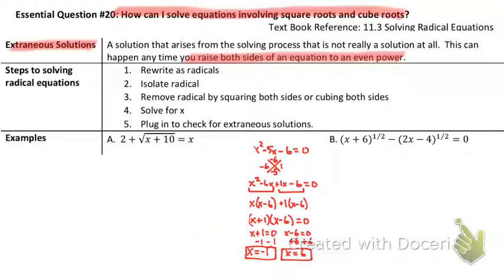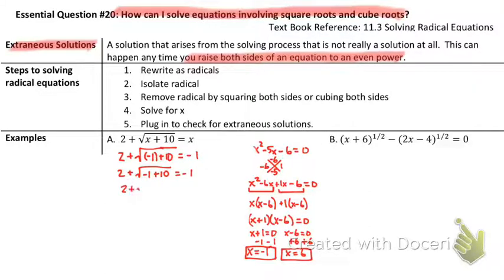And we are checking for extraneous solutions. So we have 2 plus the square root of negative 1 plus 10 equal to negative 1. So let's do the math. Order of operations says we do this first because it's like parentheses. So it's 2 plus the square root of negative 1 plus 10 equal to negative 1.